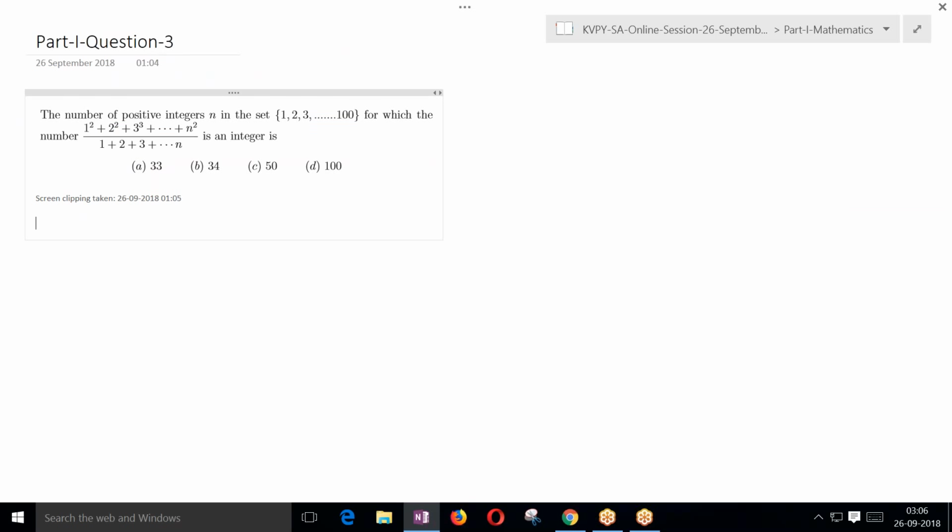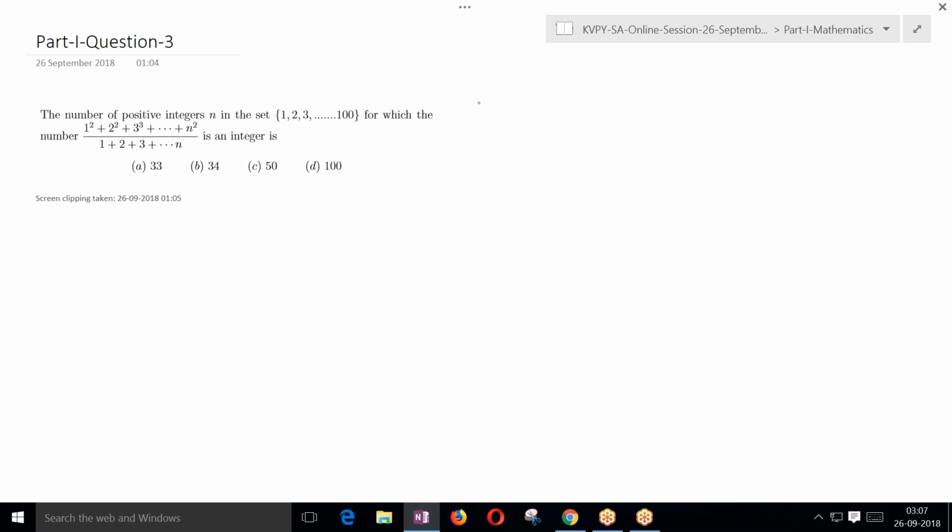According to the question, the number of positive integers in the set 1, 2, 3 up to 100, that means the set of first 100 natural numbers, for which the expression 1 square plus 2 square plus 3 square up to n square by 1 plus 2 plus 3 up to n has to be an integer.